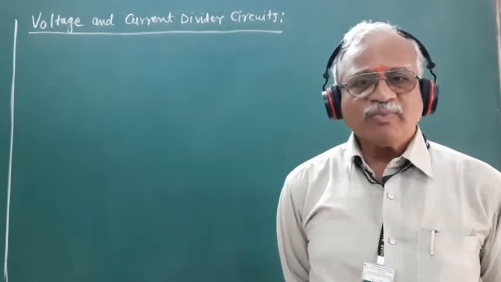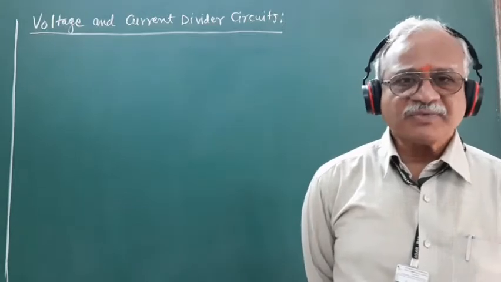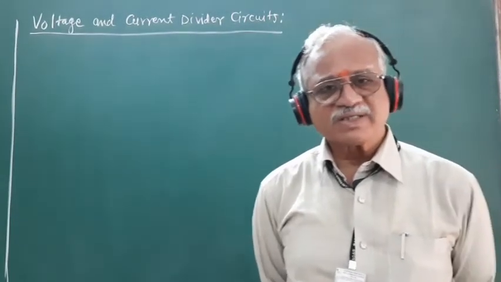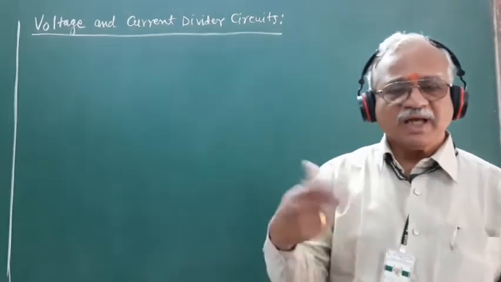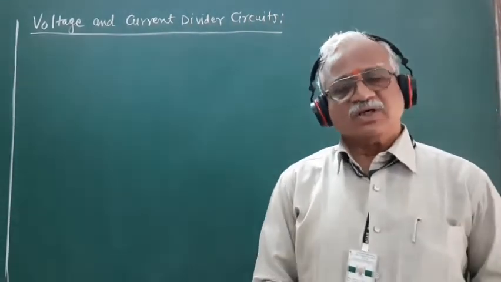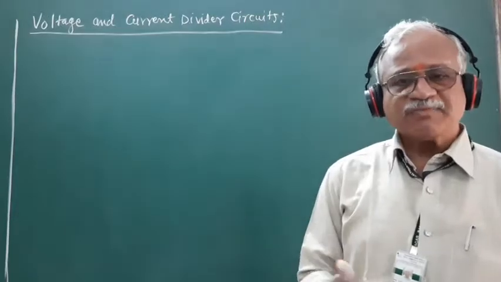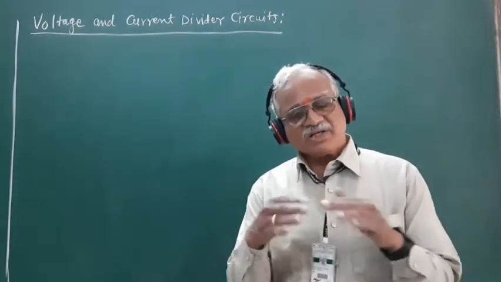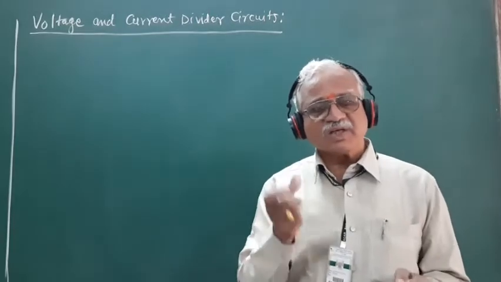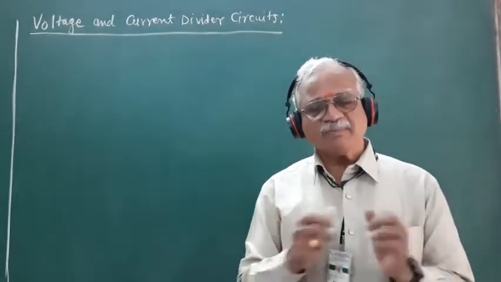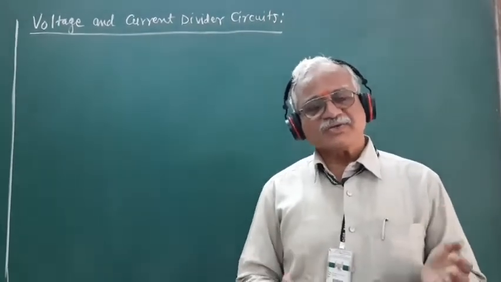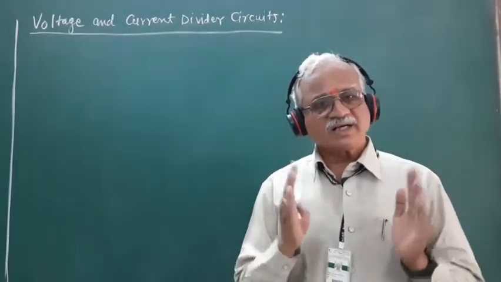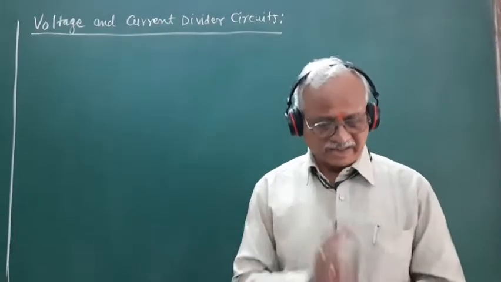If the value of a particular resistor is large, a small current flows through it, and if the value of the resistor is small, then a large current flows through it. So as per the value of the resistor, the currents are distributed over the different branches in that parallel circuit, and hence such a circuit is called a current divider circuit.